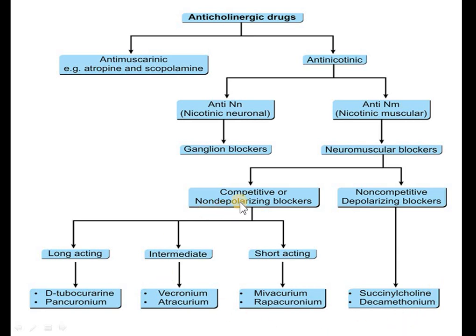अभी कॉम्पिटिटिव और नॉन डीपोलराइजिंग neuromuscular blockers, they are again divided into three types depending on the duration of action. So long acting, intermediate acting and short acting. Long acting is d-tubocurarine and pancuronium. Then intermediate is vecuronium and atracurium.